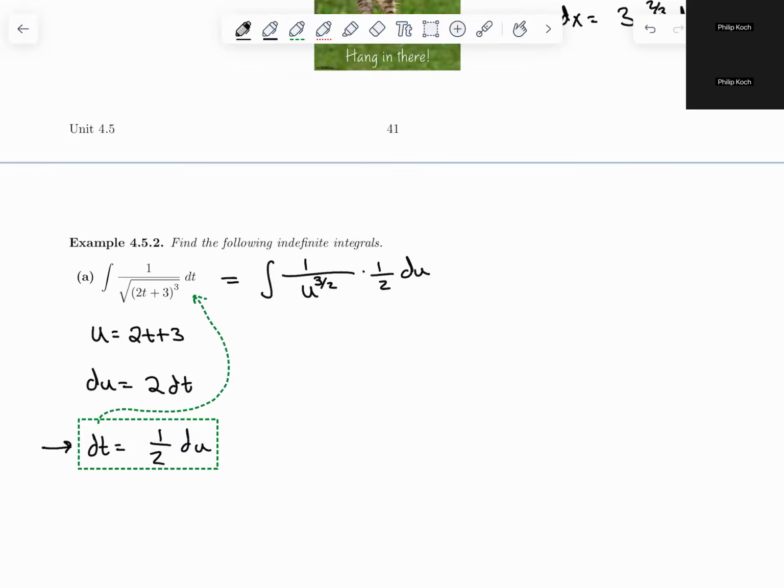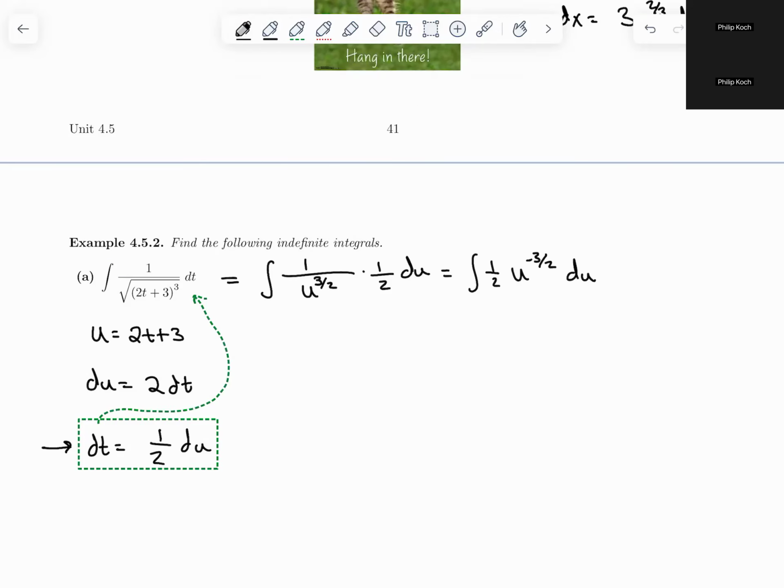That's the same thing as the 3/2 power. Now, in its current format, that's something we don't really know how to work with, but there's not a problem here. We can convert it by writing it with a negative exponent. So this is equal to the integral of 1/2 u to the negative 3/2 du.